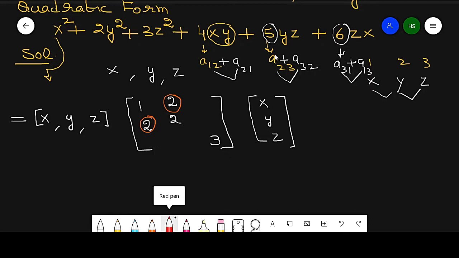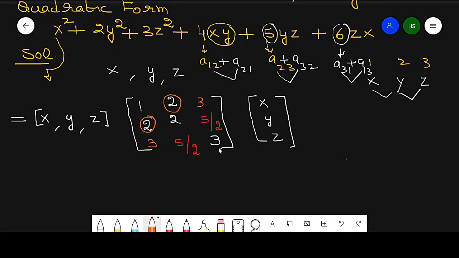Similarly, in case of this, again divide by 2. So it is second and third, so this is 5 by 2. This is second, third, 5 by 2. Now what is this? It is a 3, 1 and 1, 3. Divide by 2. So this will become a 3 and this will become a 3.